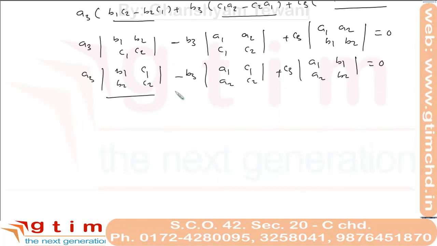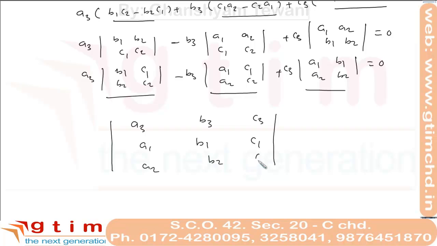Now this is the expansion of a third order determinant which has first row a3 b3 c3 and the other two rows a1 b1 c1 and a2 b2 c2. This determinant is equal to 0.